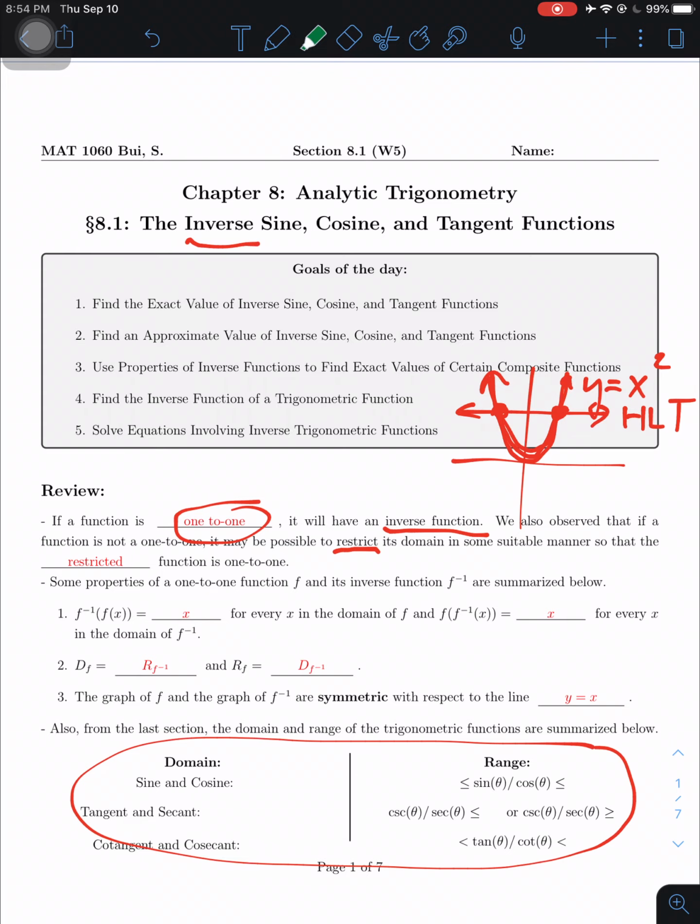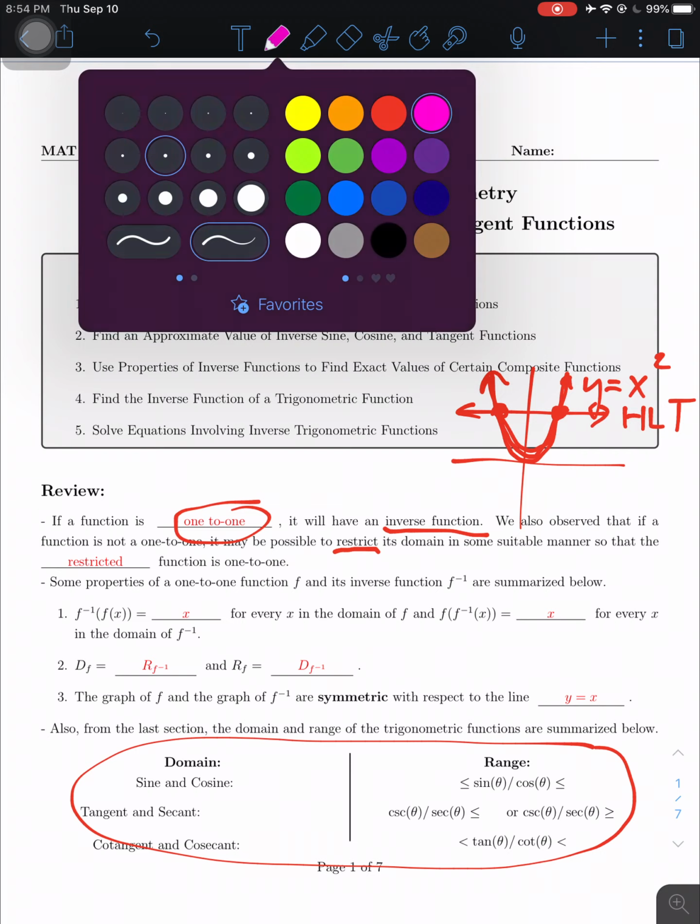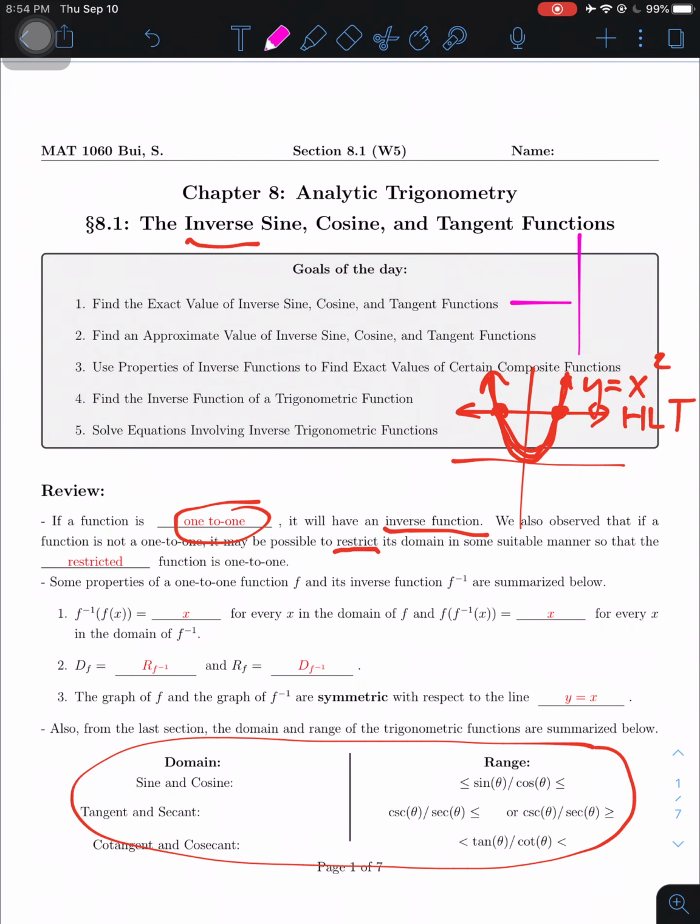Say let me put it in pink. I'm going to restrict the domain, and I'm just going to use the right branch. Just imagine the full one is going to look like this with the dashed part, but I don't want the dashed part, because if I include it, I'm going to have a function that is not 1-to-1, and that's not how I want it to be.